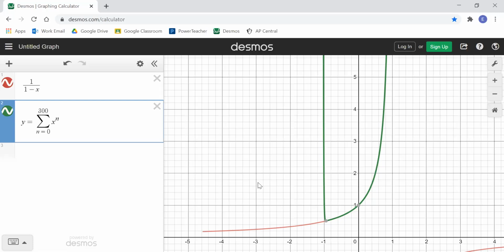But you guys sort of get the idea that this is going to look exactly like this function. It's going to be that function if we had an infinite number of terms. Isn't that neat? Don't you find that just really cool? I think it finally did. Yeah, it made it to negative 0.97. So I got a little bit better with 300 terms. And 300 is such an insignificantly small number.